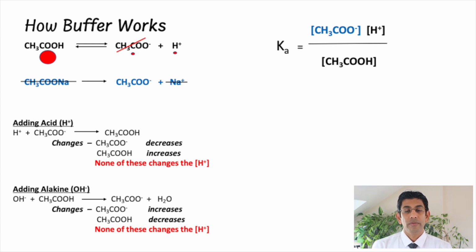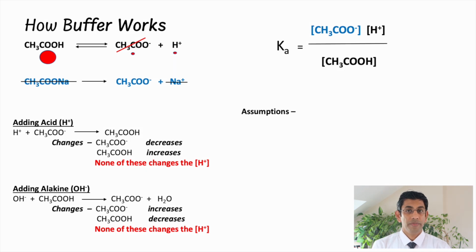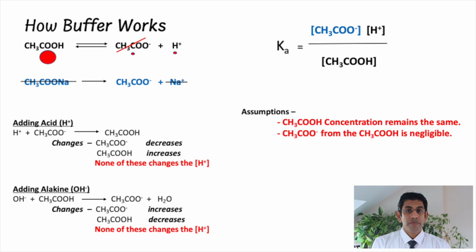Also in buffer solutions, we make two assumptions. The first assumption is, as I mentioned earlier on, the CH3COO minus ions only came from the salt. We are ignoring the tiny amount of ethanoate ions that came from the weak acid, as it is negligible compared to the amount that came from the salt. So the first assumption is CH3COO minus ions only came from the salt.